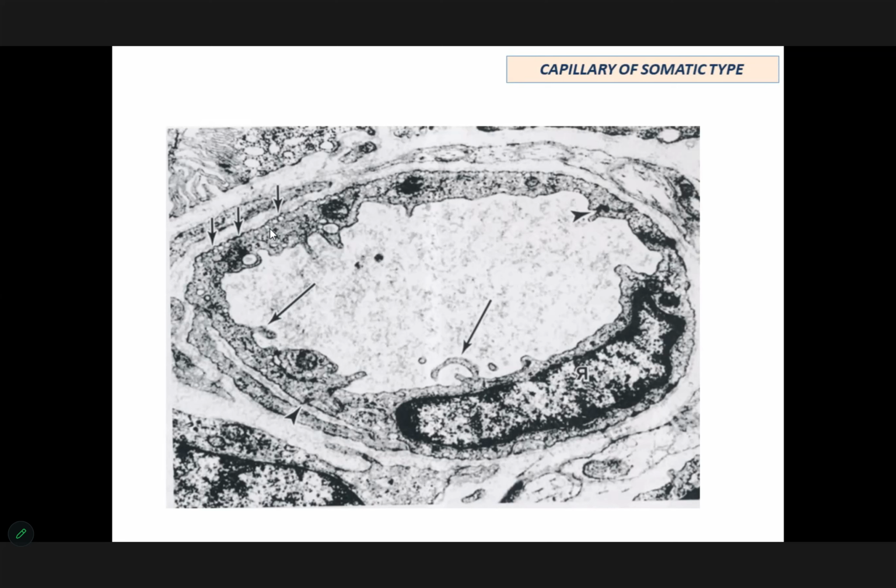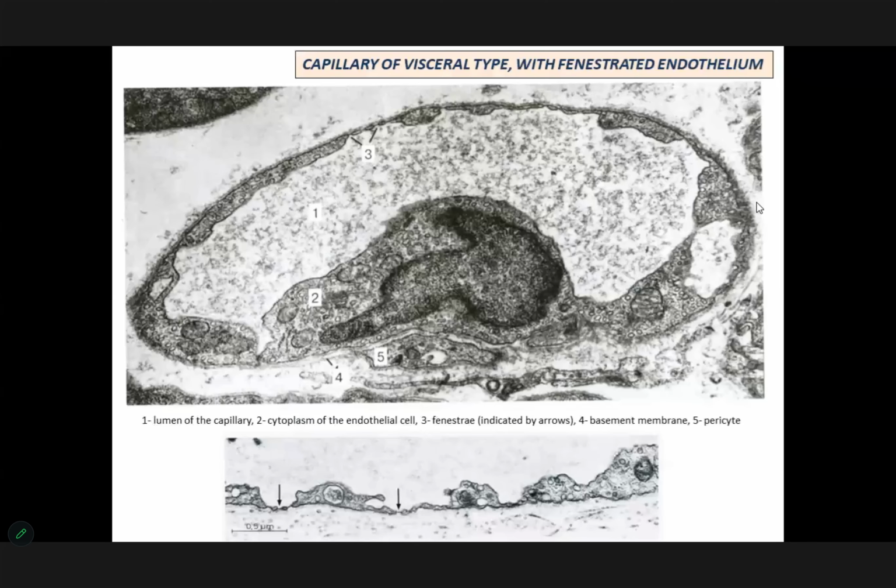This is why you can see a lot of rounded vesicles in its cytoplasm. It's a process of transcytosis. This is the capillary of a visceral type, or fenestrated one. Fenestrated because it has these thin areas, which are called fenestrae here.